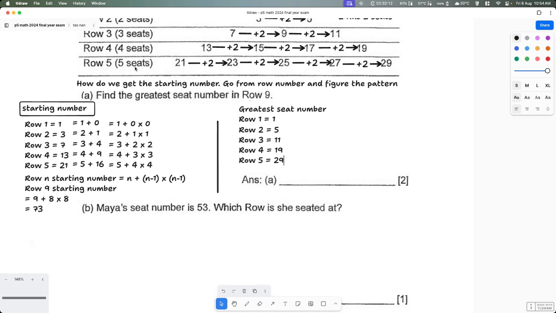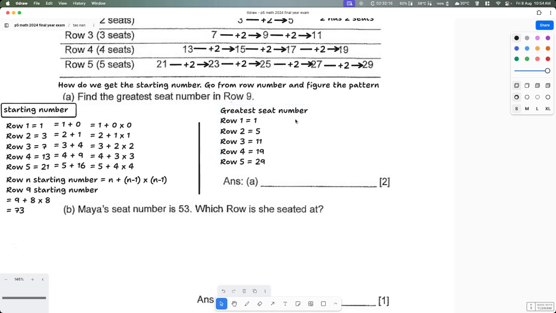We know the starting number for each is this, 1 and 3. The greatest seat number is this. From 3 to 5 is plus 2, then 7 to 11, so I'm going to put the arrow. 3 is to 5, 7 is to 11, arrow.